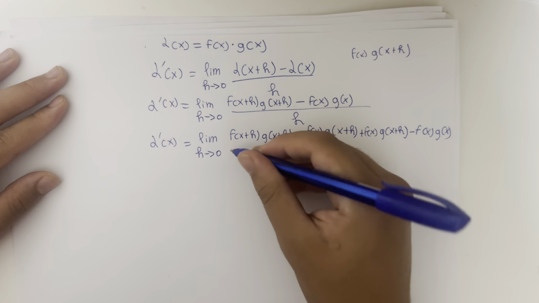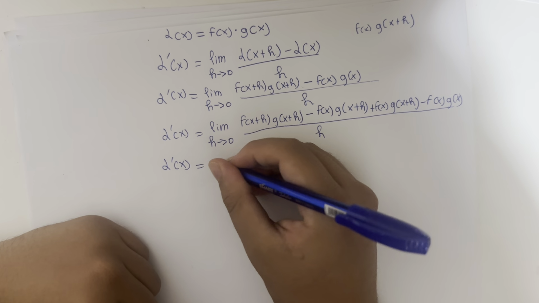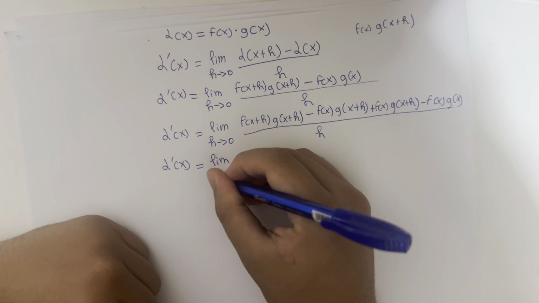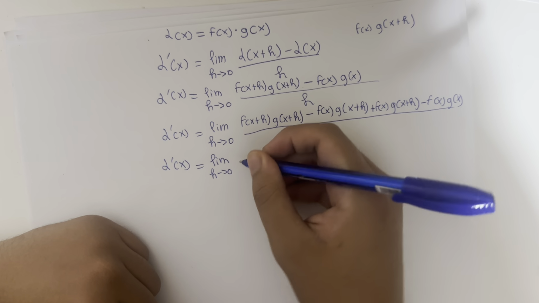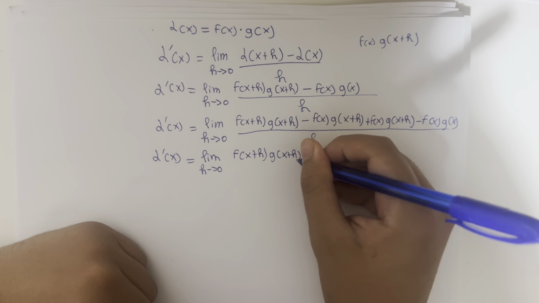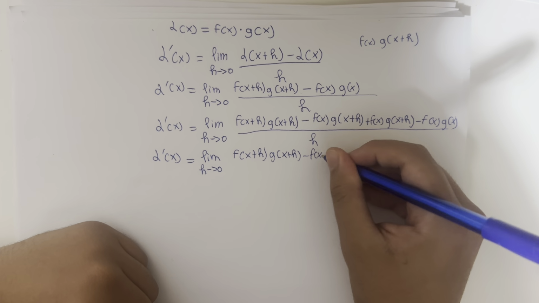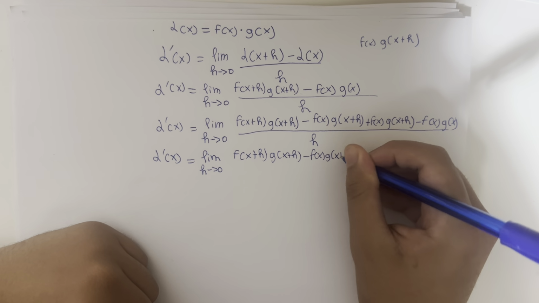Now what we're going to do is separate this fraction right here into two different fractions. We're going to cut it off around right here. So we have L prime of x is equal to the limit as h goes to 0 of f of x plus h times g of x plus h minus f of x times g of x plus h, divided by h.